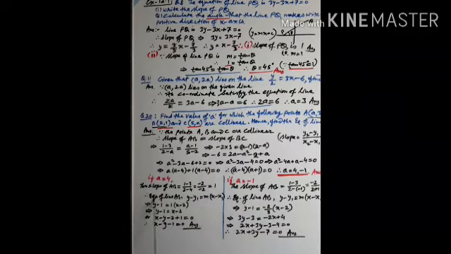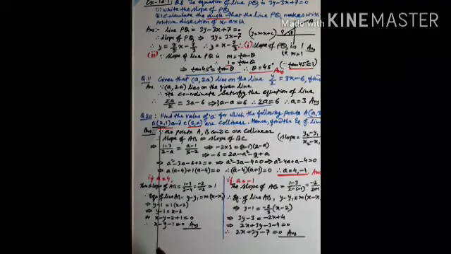Then the equation of line. You have learned the one-point form of the equation of a line: y minus y1 equal to m into (x minus x1). In place of x1, y1 we put the values 2 and 1.